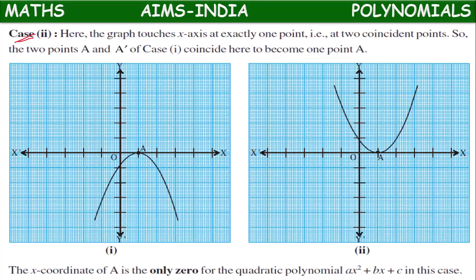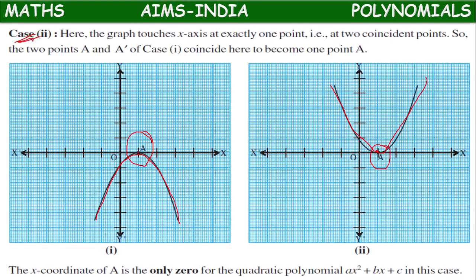Case two. Here in case 2, the parabola touches the x-axis exactly at one point. This condition may also come across. Either a downward parabola or an upward parabola can touch the x-axis exactly at one point.